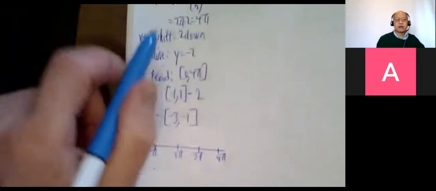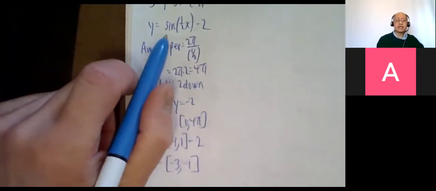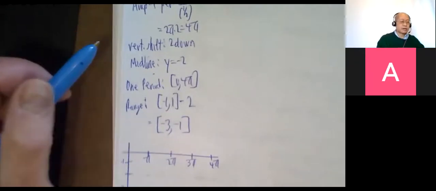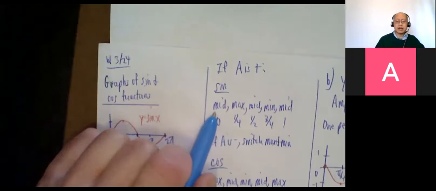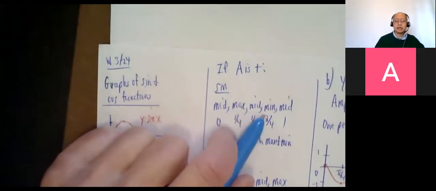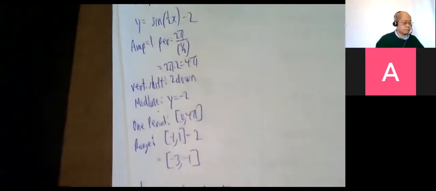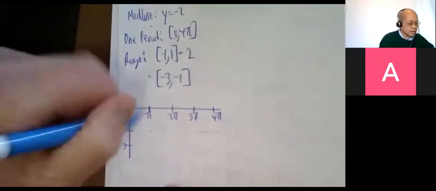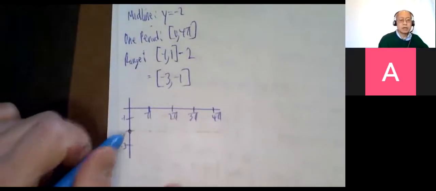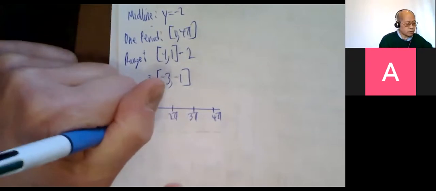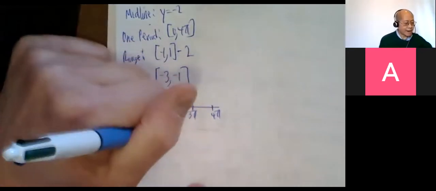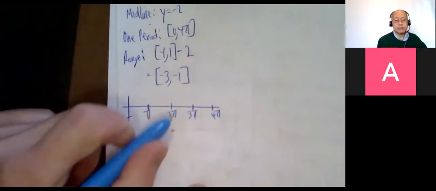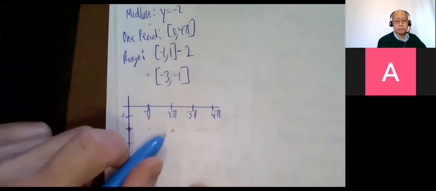Now I'm ready. It's a sine type of curve. The sine goes midline, max, midline, minimum, midline. So midline, -2, maximum, -1, back to the midline. See, it used to always be 0, but now it's -2.